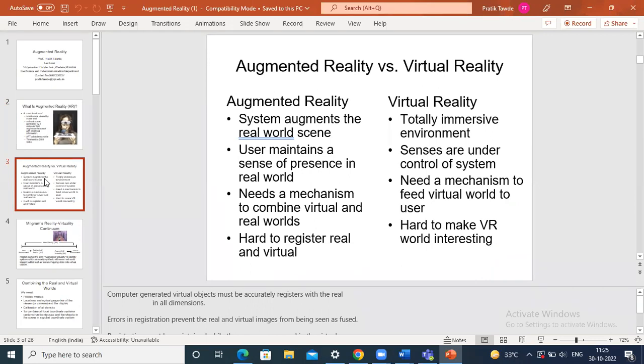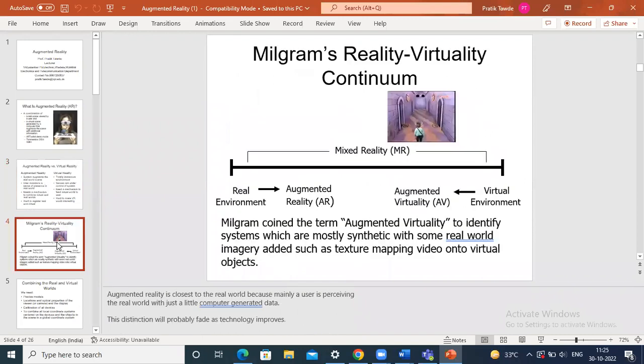On the other hand, virtual reality is a totally immersive environment. Scenes are under control of the system, it needs a mechanism to feed the virtual world to the user, and it is hard to make the VR world interesting. So that is the difference between augmented reality and virtual reality.